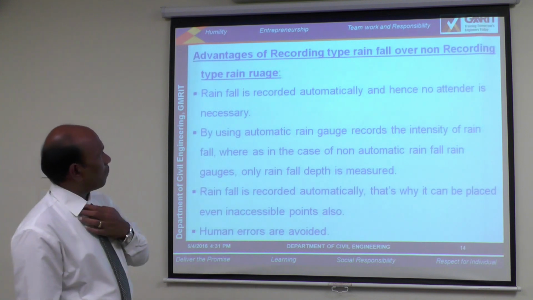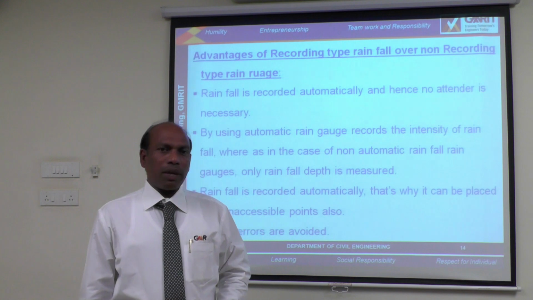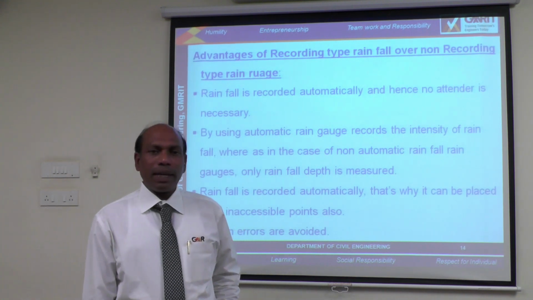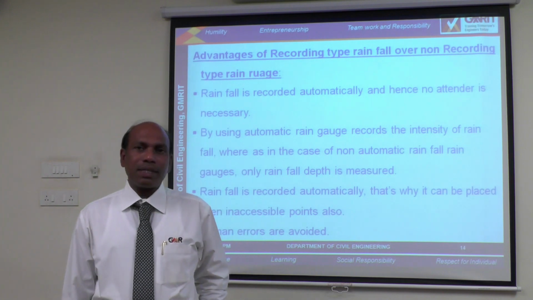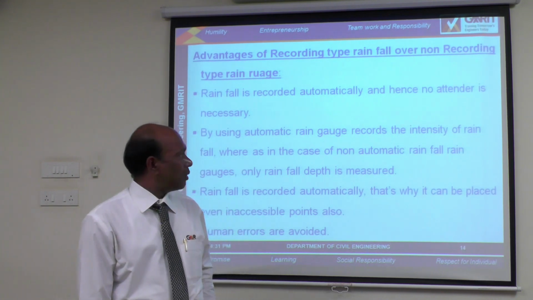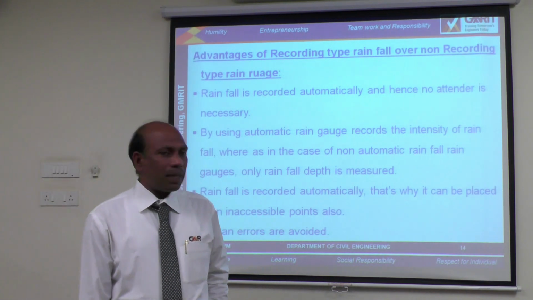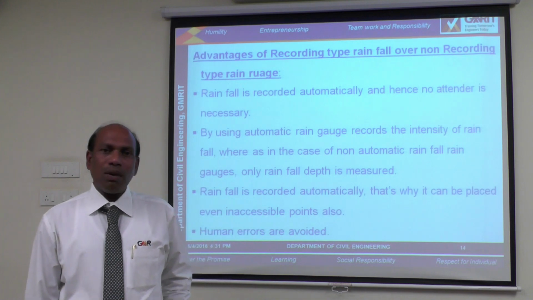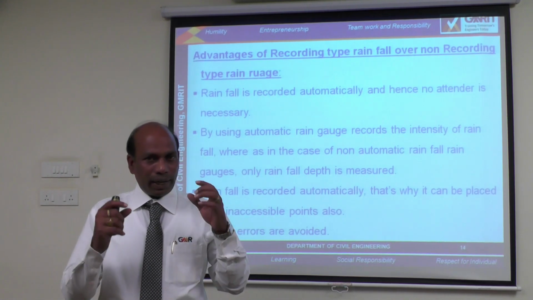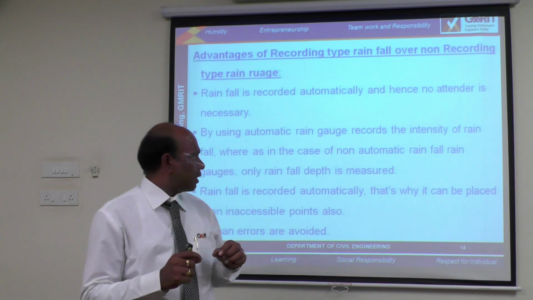Advantages of recording type rain gauges over non-recording type rain gauges. Here, rainfall is recorded automatically, hence no attender is required in the case of automatic rain gauges. By using automatic rain gauge records, the intensity of rainfall is measured, whereas in the case of non-automatic rain gauges, we can only measure rainfall depth, that is in centimeters.